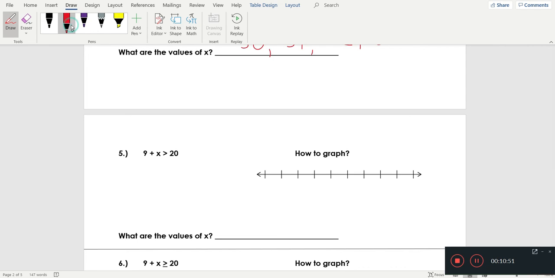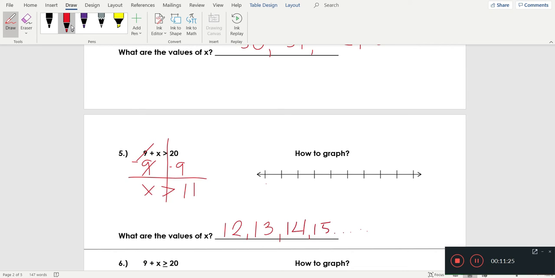Okay. So next we have 9 plus x is greater than 20. You're going to solve for the value of x by subtracting 9 from both sides. So I cancel this. I have x is greater than 20 minus 9, which is 11. So what are the values of x? The values of x are numbers that are greater than 11, which are 12, 13, 14, 15, and more, right?